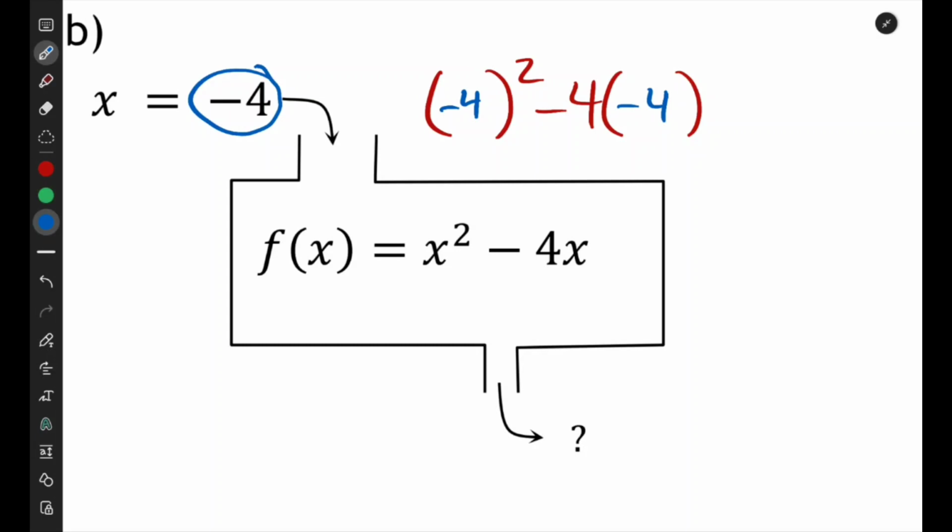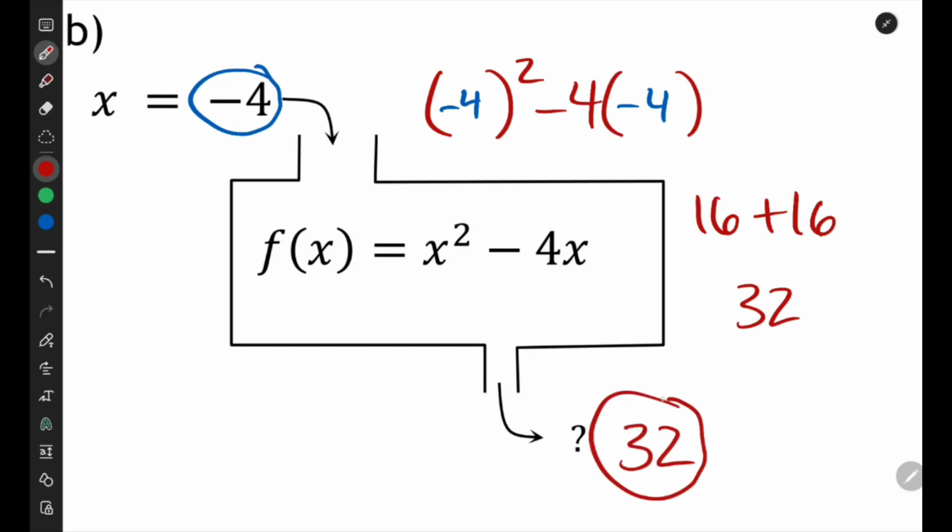So notationally, I've written down this is -4 times -4, which is exactly positive 16. And then I've got -4 times -4, which is plus another 16. So 16 and 16 is 32. So when -4 goes into this function, it produces an output of 32.